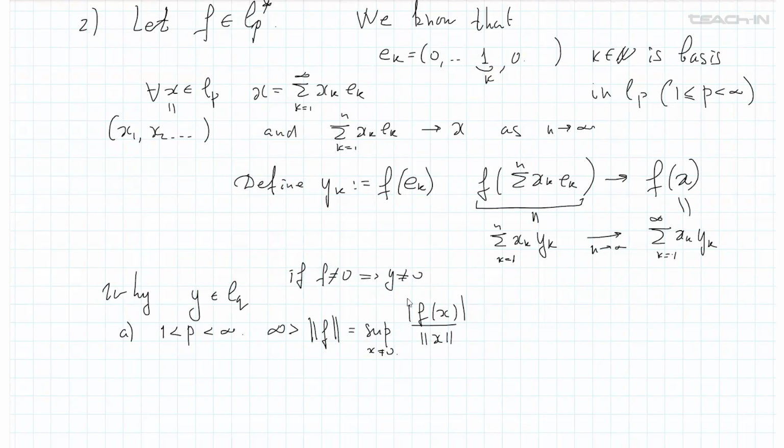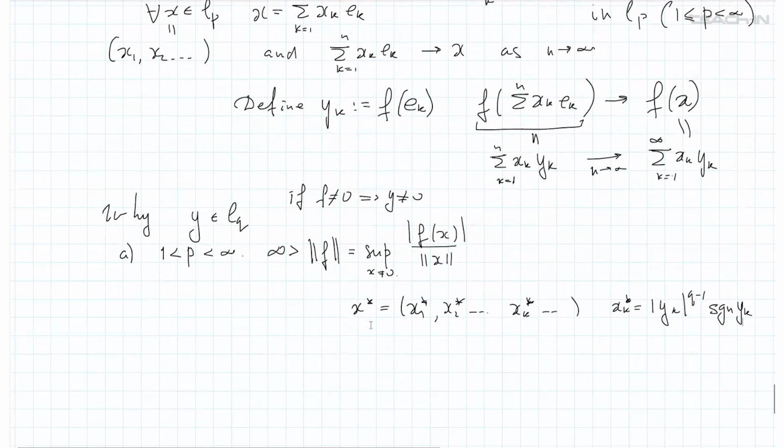And take x star equals such a sequence x1 star, x2 star, xk star, and so on, where xk star equals the absolute value of yk to the power q minus 1 times signum yk, and then 0, 0, 0.